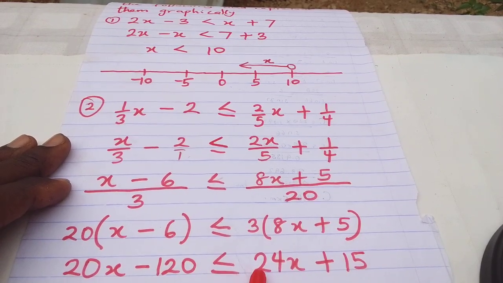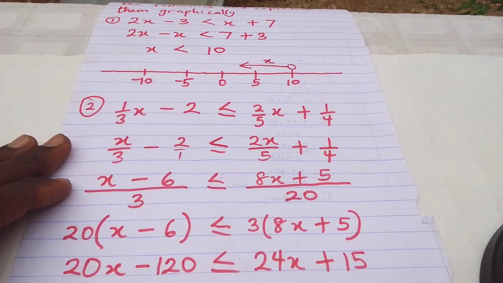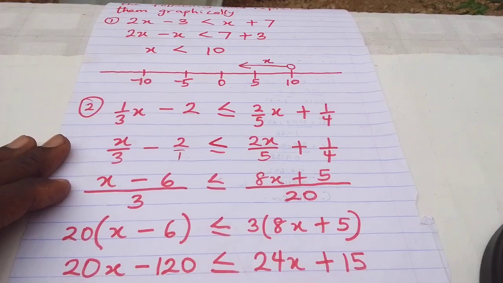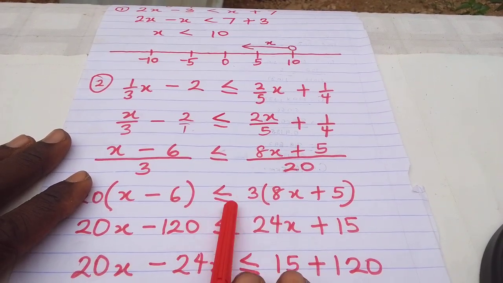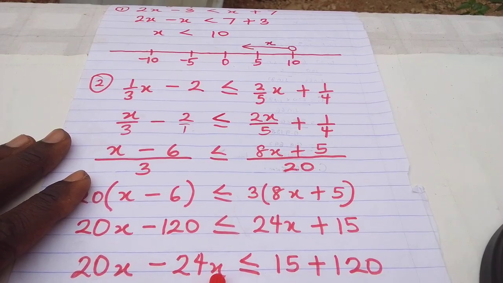So we are going to collect like terms. The one that is having x, I'll bring it to this side. Those ones not having x, I'll bring it to this other side. So that means I'm having this plus 24x. When it comes here, it turns to minus 24x less than or equal to 15 is here already, plus this is minus 120.